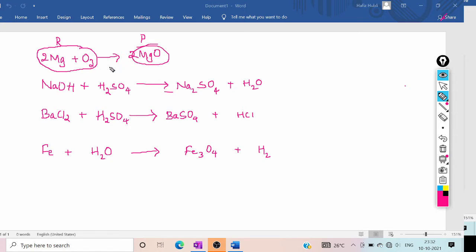Coefficients are nothing but the numbers which are written before the element or the compounds in an equation. So these two are the coefficients, and the smaller number which is written below the symbol of an element, that's called the subscript.